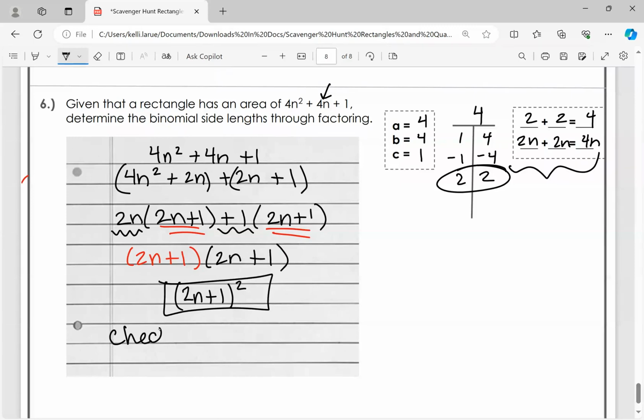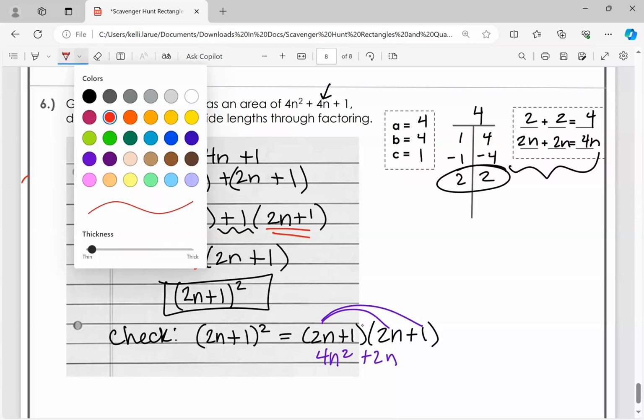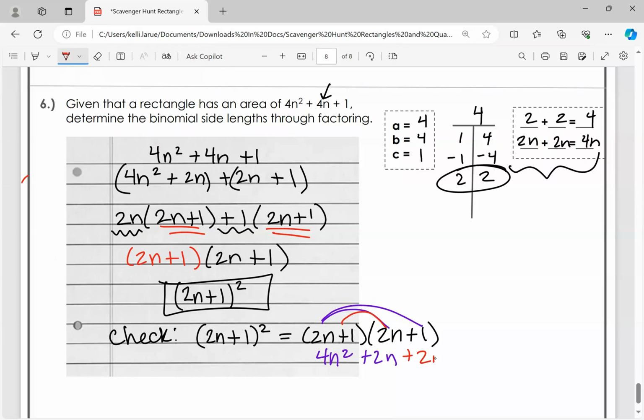And I am expecting you to check your answers moving forward. So I'm going to go ahead and model that for you. So first I'm going to copy down my solution. Then I'm going to expand it to honor that exponent. And I'm going to go ahead and distribute: 2n times 2n is 4n squared. 2n times 1 is 2n. 1 times 2n is 2n. And 1 times 1 is 1.